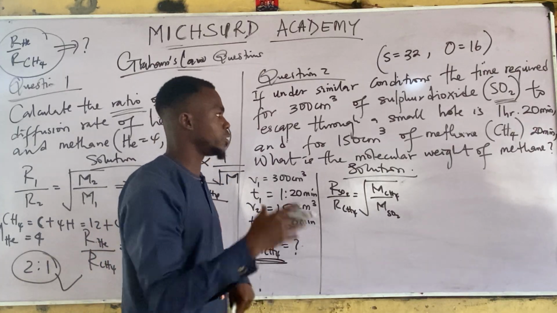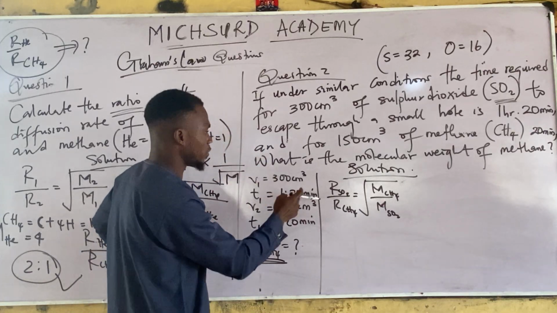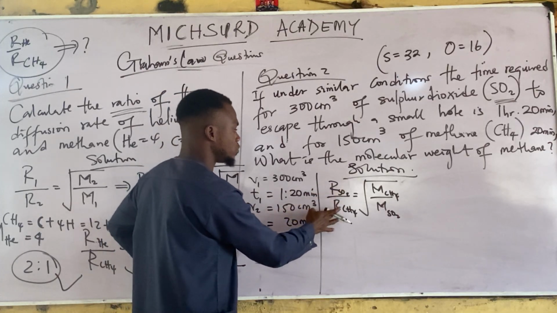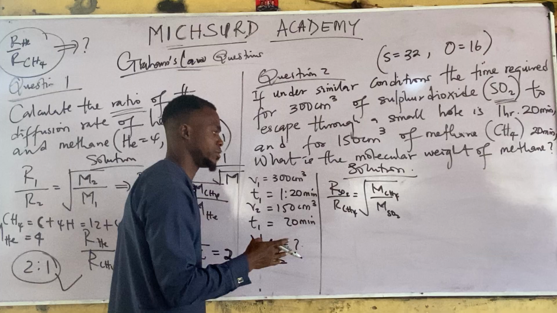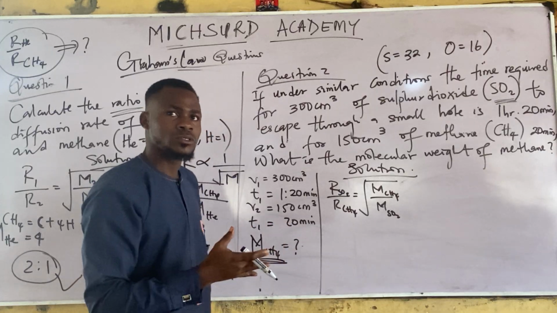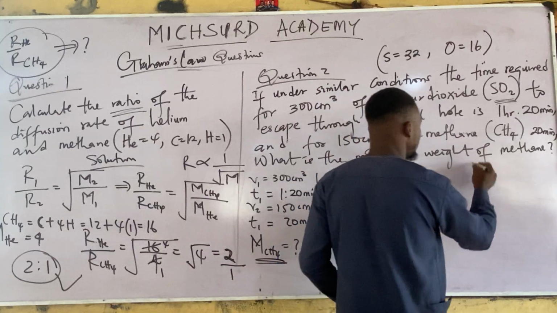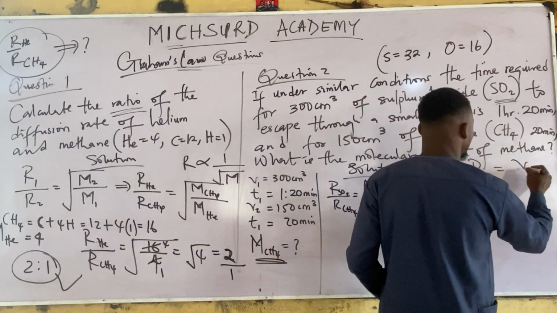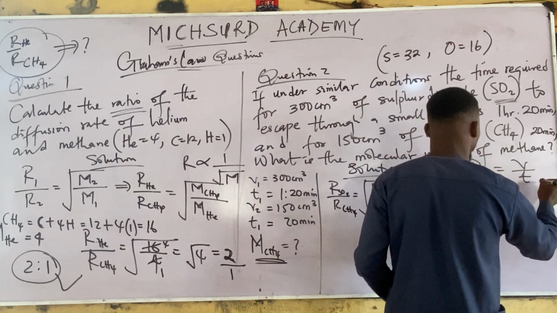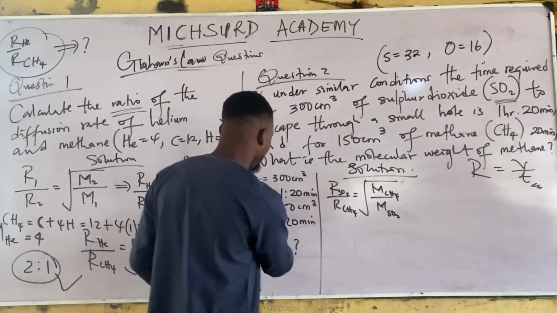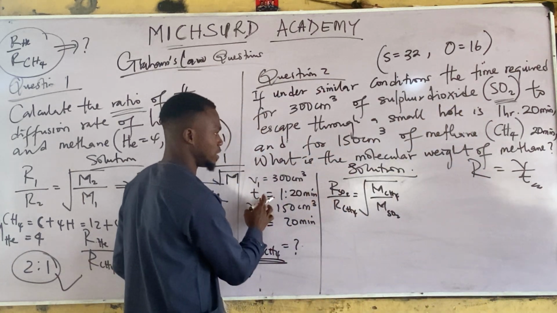What we are going to see is that we are not given the rate of diffusion of SO2, and we are not given the rate of diffusion of CH4. But we know that the rate of diffusion is given as the volume over the time. We have the different volumes, so V1 and T1 are given.